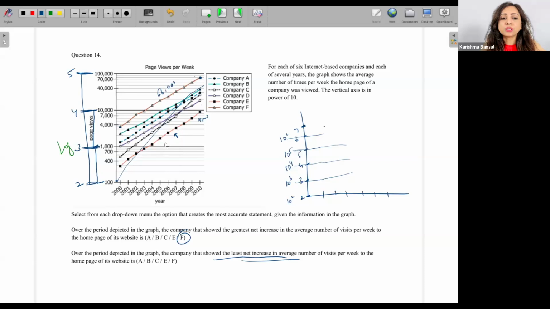But look at this point, this is already 20,000, and over here it is 1,000, so already so much difference is there. Do you see that for all the other lines, the difference is increasing substantially? Why? Because their top points are much, much higher. So automatically I know this is the line with the least increase, and this is then E, this orange line. Does it make sense?